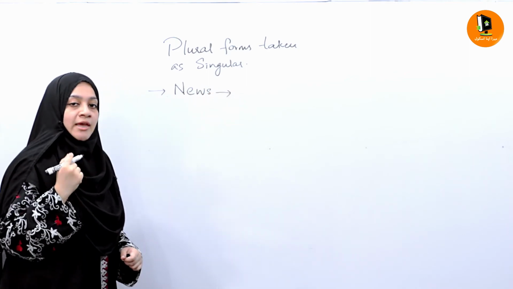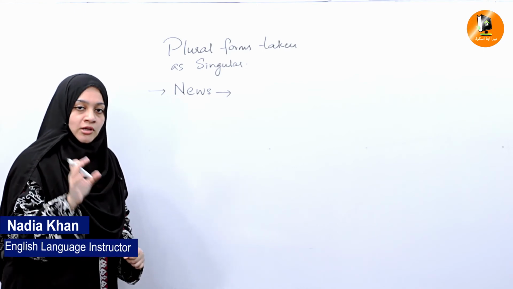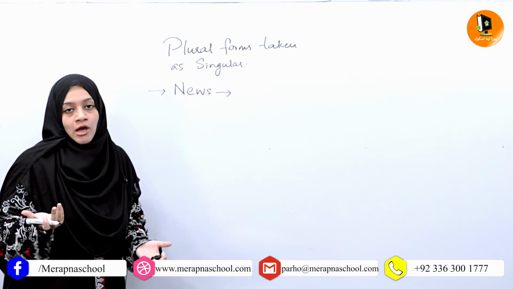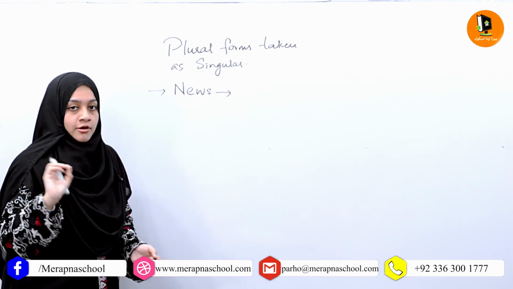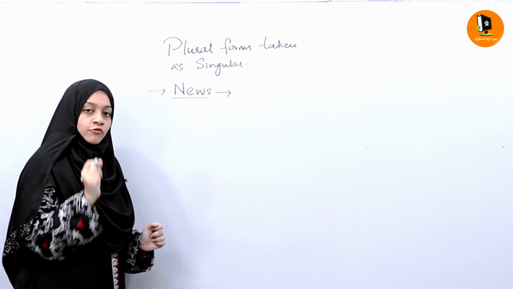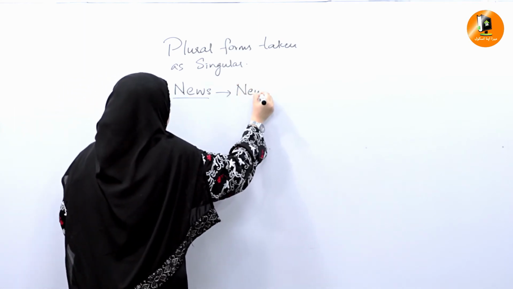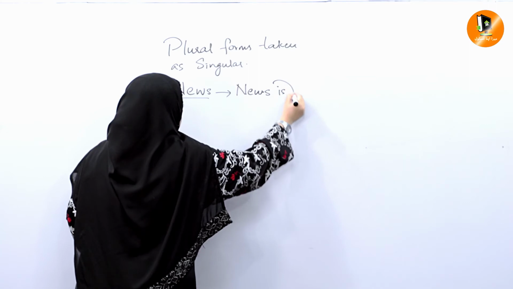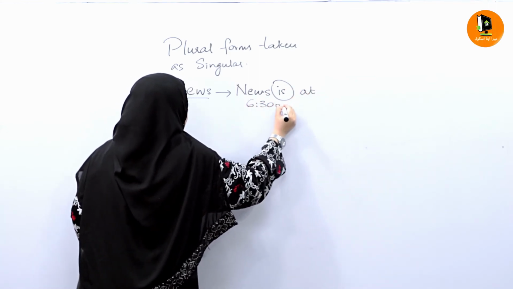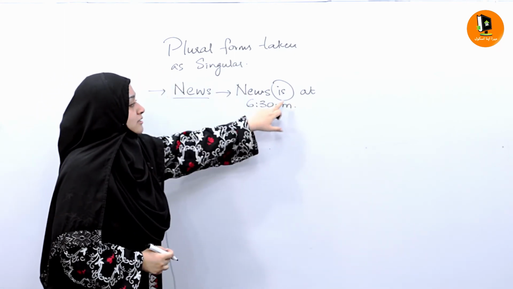Now, I told you in the beginning of the session that whenever there is a singular noun, it is combined with the helping verb is. Or whenever there is a plural noun, it is combined with the helping verb are. News sounds plural and it is plural. But for news, we are going to use is. The news is at 6:30 p.m. So it's a plural form, but it is taken as singular.